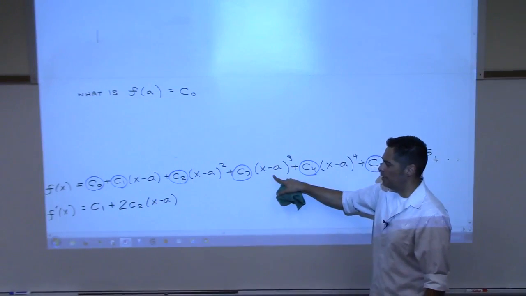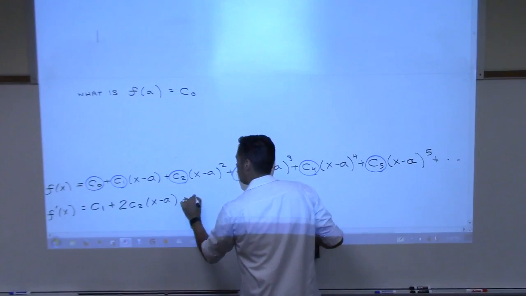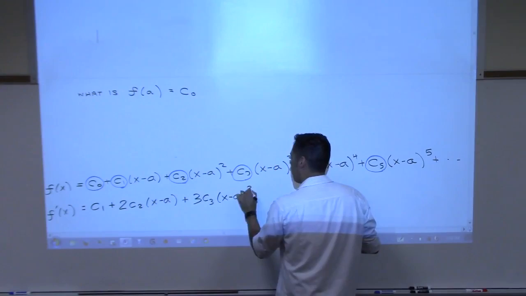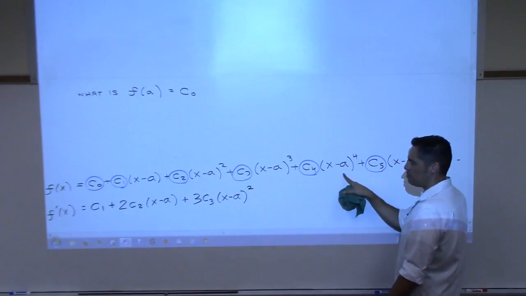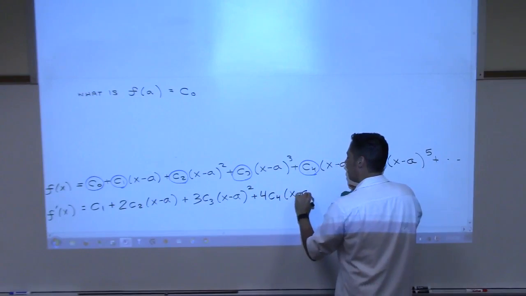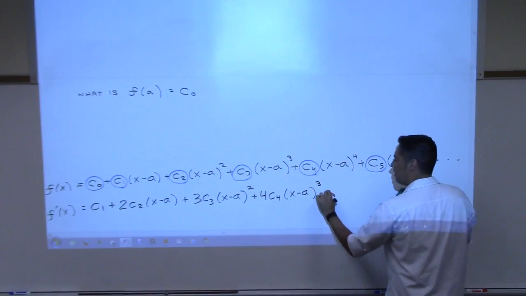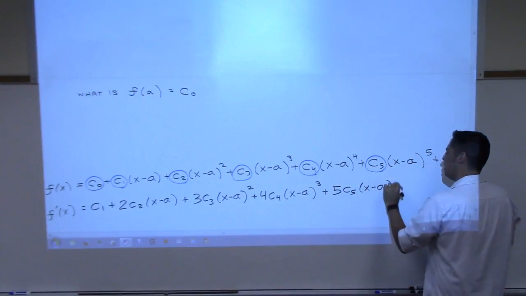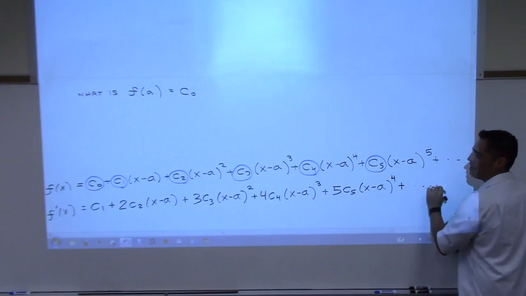What's the derivative of the next one? 3 c sub 3 times (x minus a) squared this time. Derivative of this one: 4 c sub 4 times (x minus a) cubed. You seeing the pattern here? 5 c sub 5 times (x minus a) to the fourth, plus dot, dot, dot.